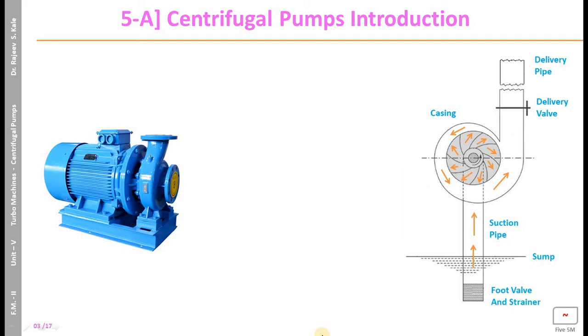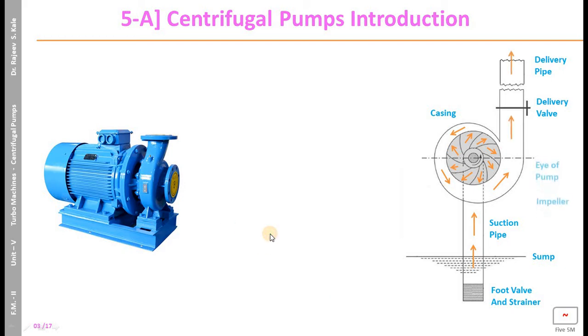The hydraulic energy is in the form of pressure energy. If the mechanical energy is converted into pressure energy by means of centrifugal force acting on the fluid, the hydraulic machine is called a centrifugal pump.